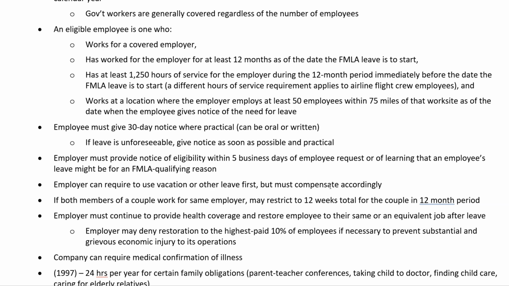But when it's reasonable, so if I'm having a child, then it is fairly easy for me to get at least some idea of when the child's going to be born. So then giving 30 days notice that I will be requiring leave seems pretty reasonable. If that leave is unforeseeable, then I have to give notice as soon as possible and as soon as practical for me to give that notice.